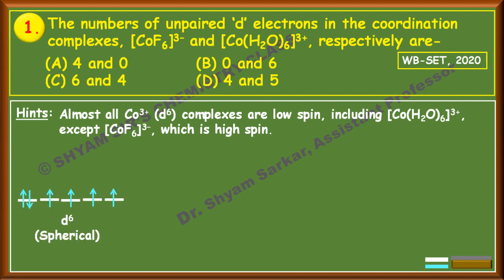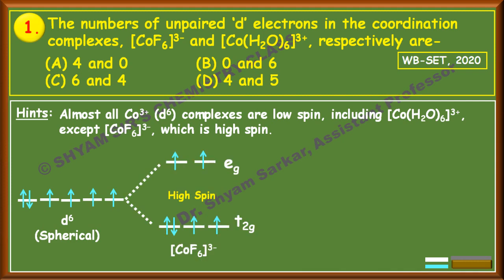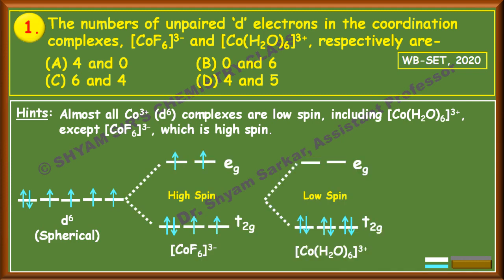Let us see the electronic distribution. Here you can see the d6 spherical distribution, and in the case of high spin and low spin cobalt 3 plus, [CoF6]3- is high spin and [Co(H2O)6]3+ is low spin. In [CoF6]3- there are 4 unpaired electrons, and in [Co(H2O)6]3+ there are no unpaired electrons because this is a low spin complex.